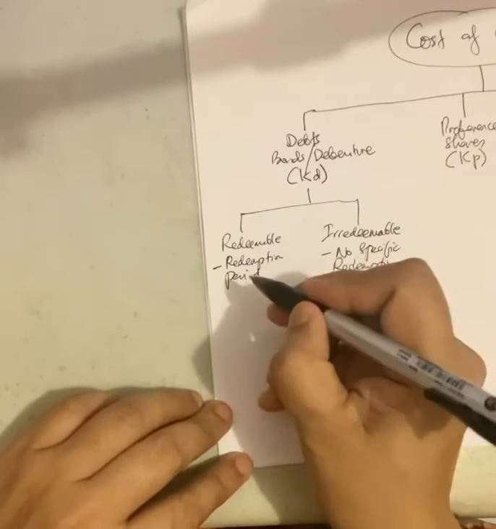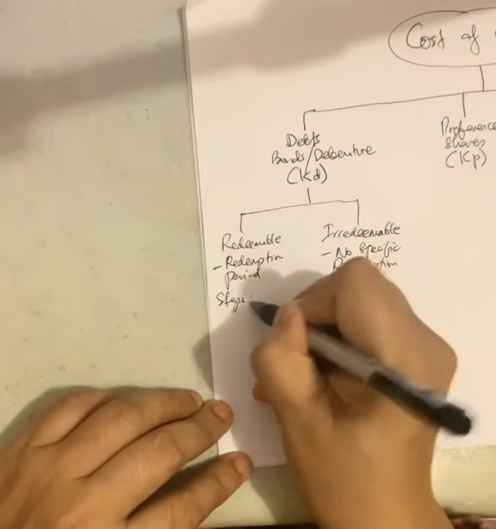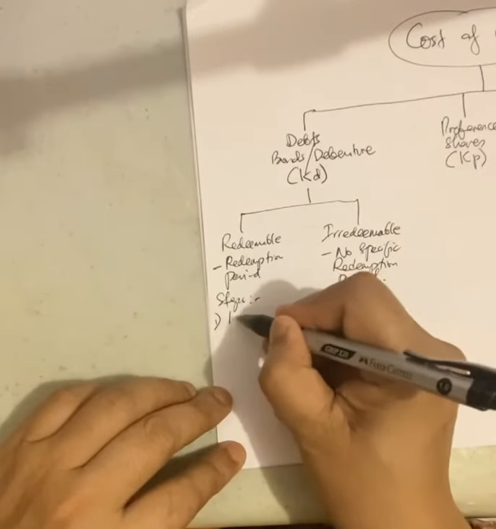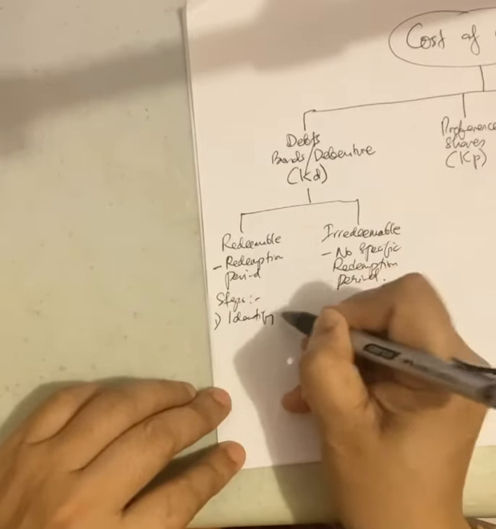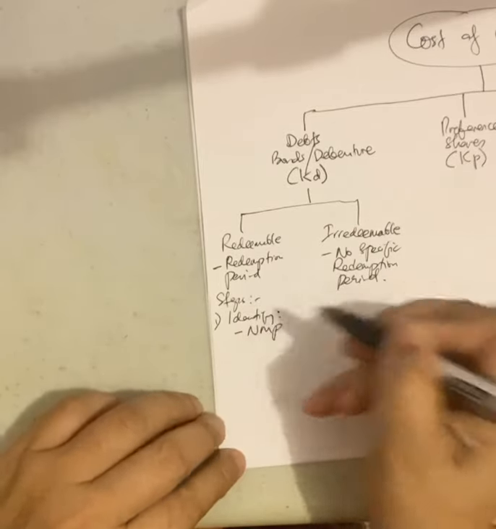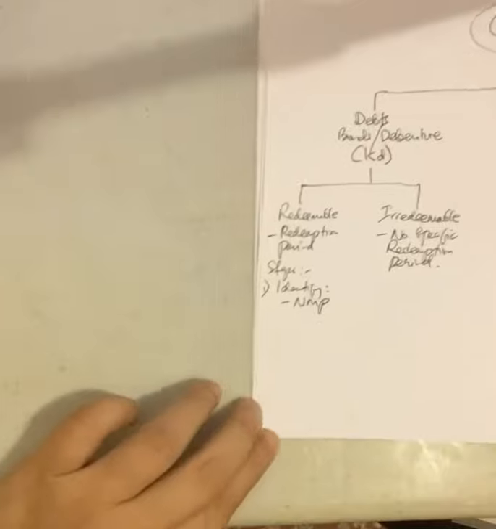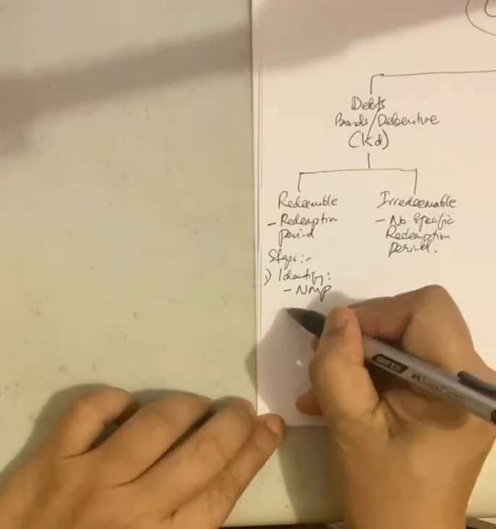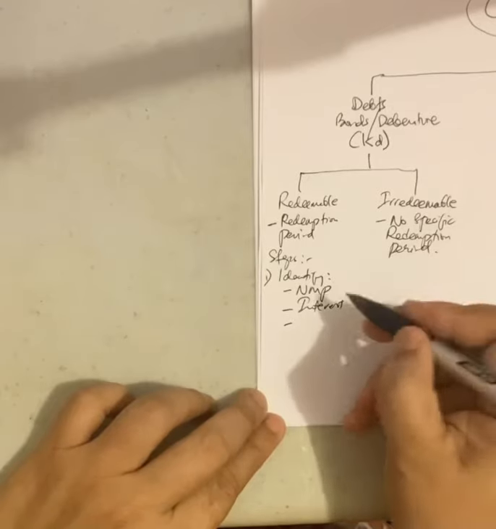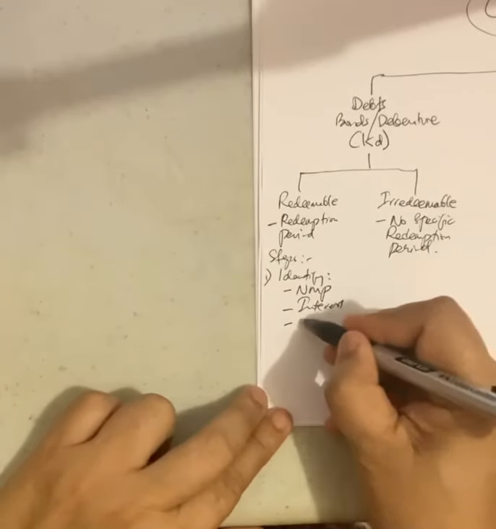So the steps. Of course, number one, you identify first the net market price, and then the annual interest, and then the redemption price.